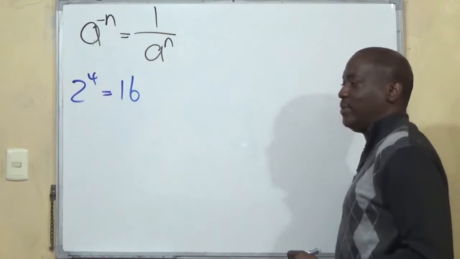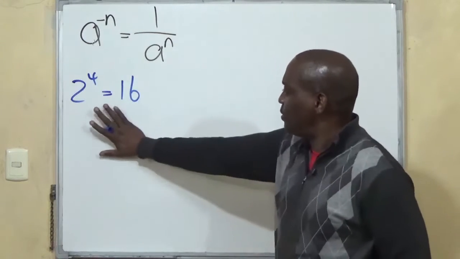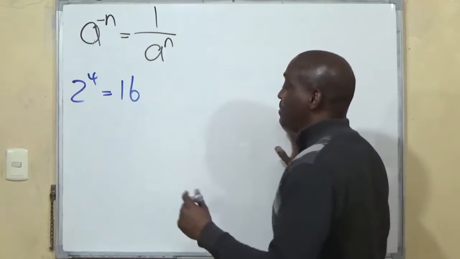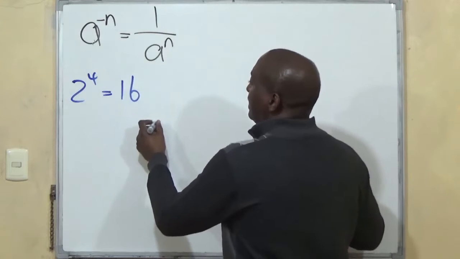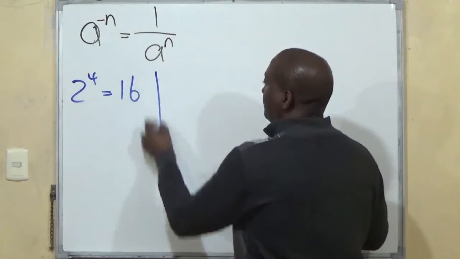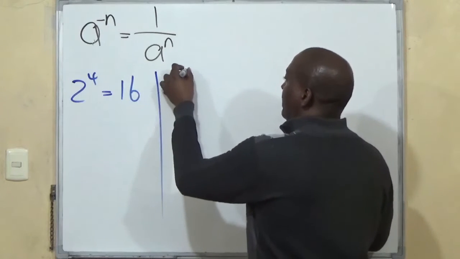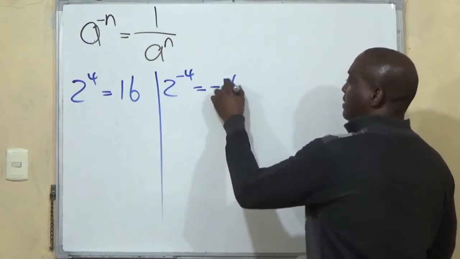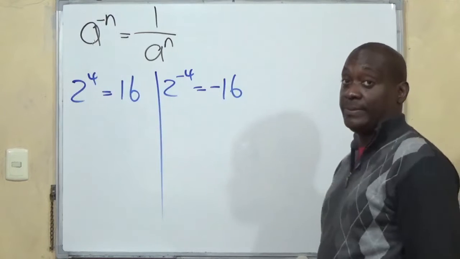So we know that 2 to the power of 4 is 16. Yeah? What most people will do is that if they have to deal with 2 to the power of minus 4, they will say 2 to the power of minus 4 is minus 16. That is what most people will do.